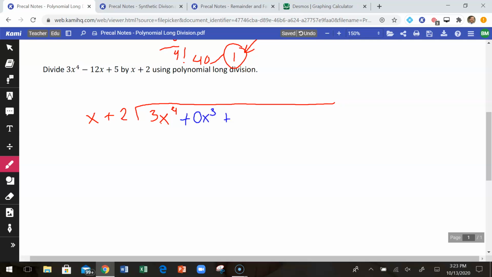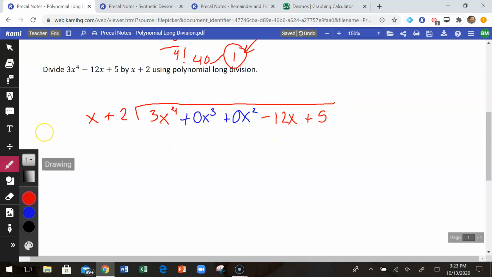So I'm going to put plus 0x cubed and also plus 0x squared to remind myself that those are placeholders for my cubic and squared terms, and then I can write minus 12x plus 5. So if you are missing any terms in between your leading term and your constant term, you need to fill those in before you do your division.